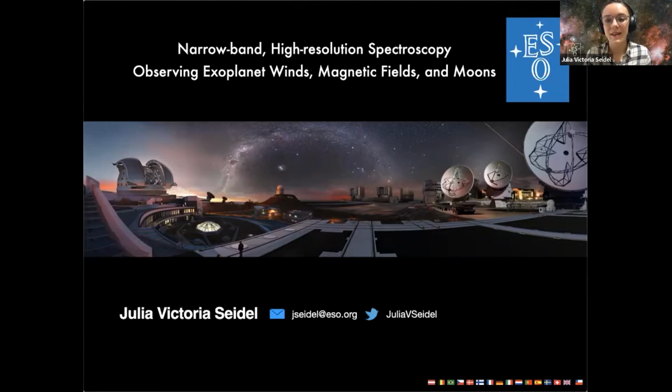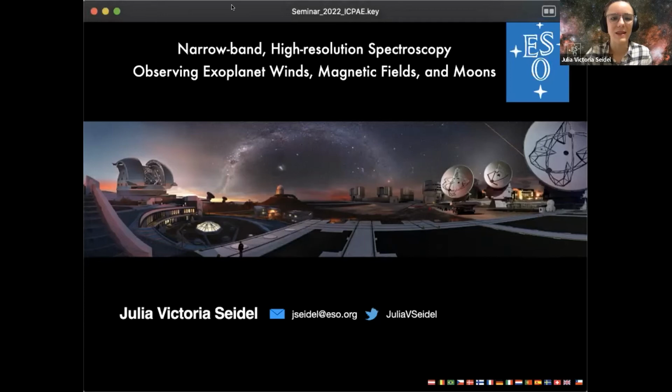The technique that I use, narrowband high resolution spectroscopy, to learn something about the atmospheres of exoplanets, can obviously be used with any high resolution spectrograph, preferably a stabilized one. A few of my colleagues are also working with high-res data from Keck, so all of this is very much transferable to other telescope sites.